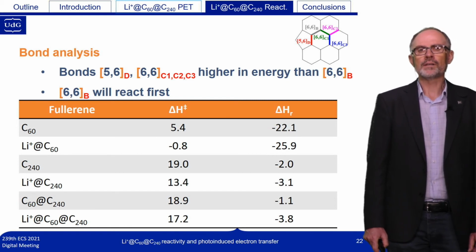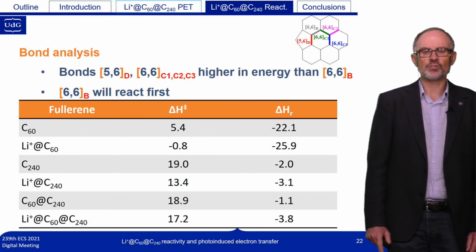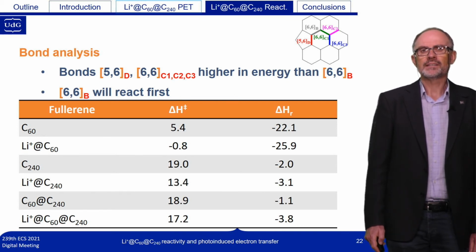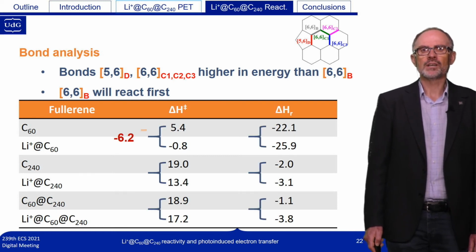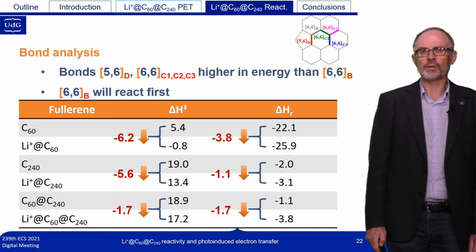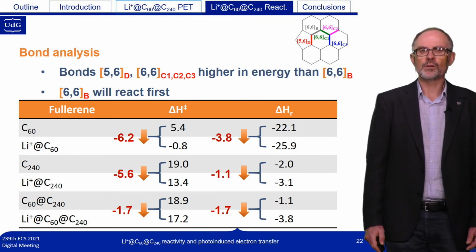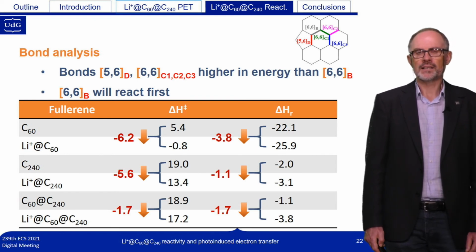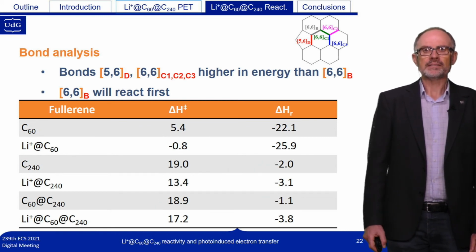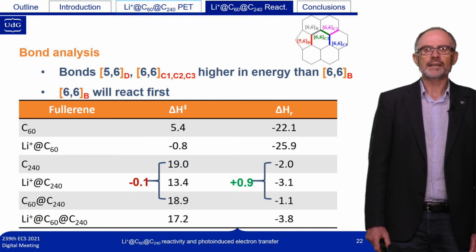So we have looked only at the reaction at this bond, and the results show that first, C240 is less reactive than C60, and this is because it has smaller pyramidalization angles. Second, Li+ lowers the barriers and stabilizes the product in all cases. The reason is the reduction in the LUMO energy of the cage by the encapsulated Li+. Third, the reactivity of C240 does almost not change by having C60 encapsulated inside.